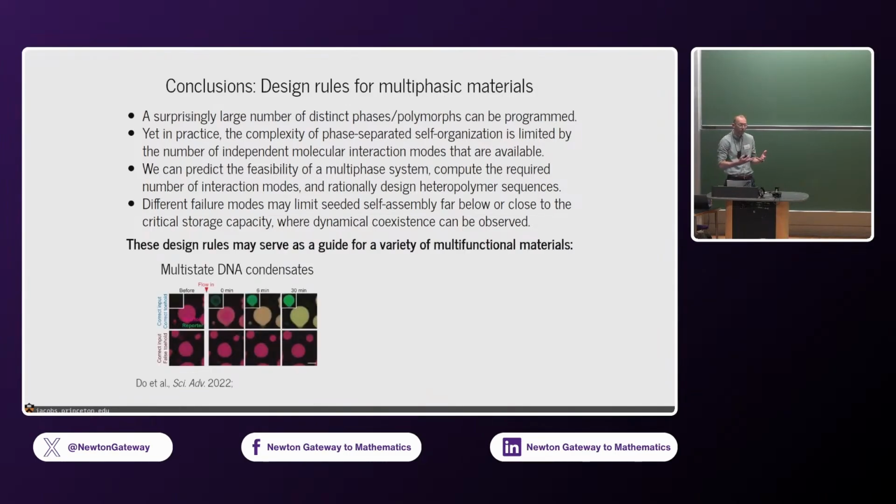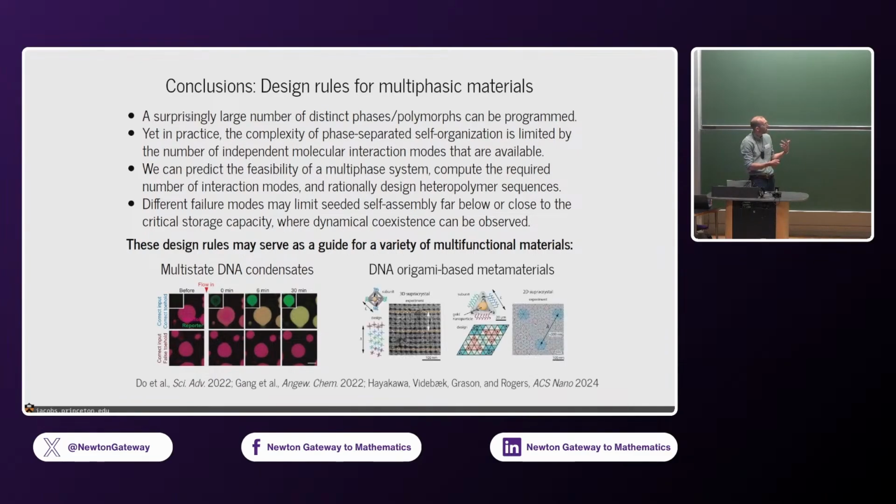All right, so I think that as we go forward, these ideas may prove to be very useful for guiding the design of multifunctional materials, either very close to these sort of existing biological systems, or some ways that are more based in programmable self-assembly.